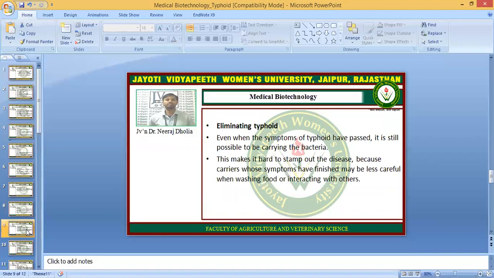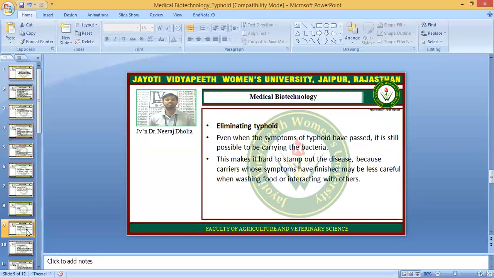So it is important to eliminate the typhoid completely, because even when the symptoms of typhoid have passed, it is still possible that we have the bacteria. So this makes it hard to stop the disease, because carriers whose symptoms have finished may be less careful when washing foods and interacting with others.